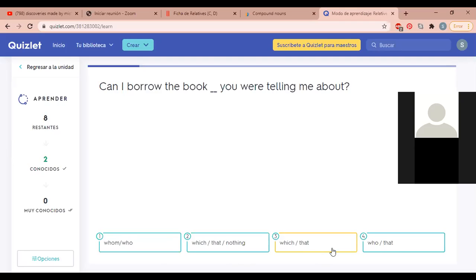Tenemos which and that or who and that. What would you choose, Wilson? Can I borrow the book that you were telling me about? Number 4? Yes. Okay.